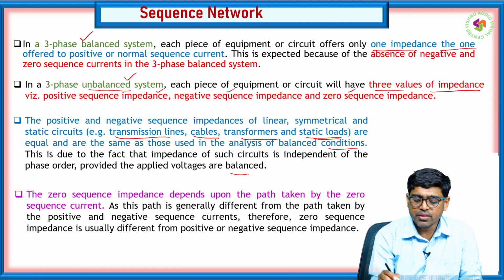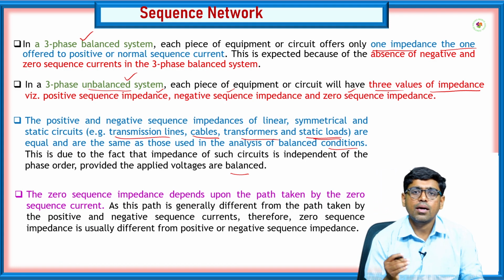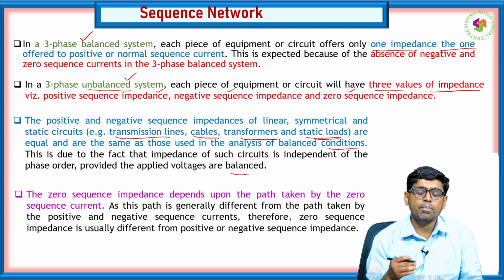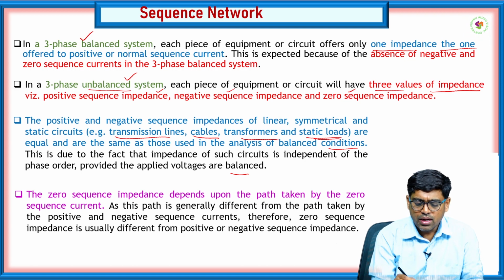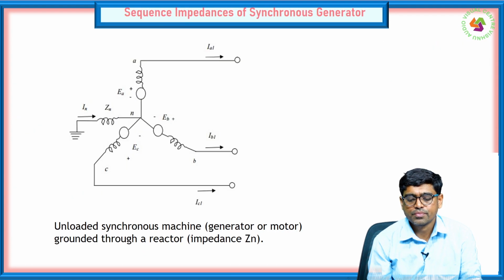The zero sequence impedance depends upon the path taken by the zero sequence current. This path generally differs from the path taken by the positive and negative sequence currents, and therefore the zero sequence impedance is usually different from the positive or negative sequence impedances.